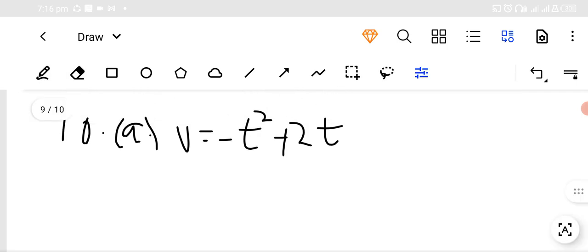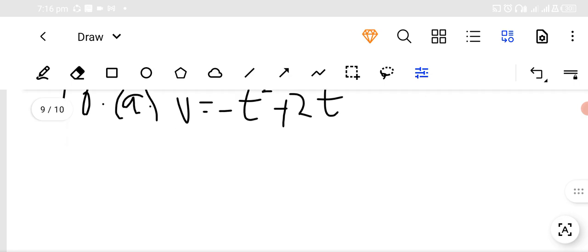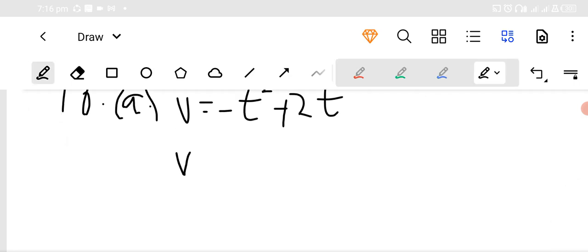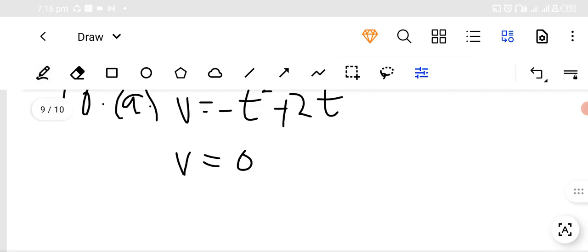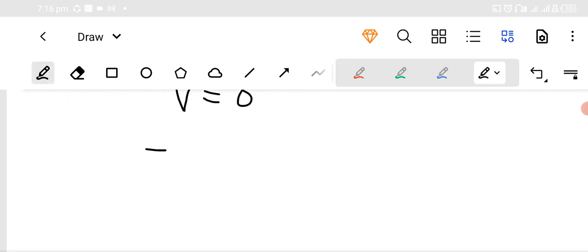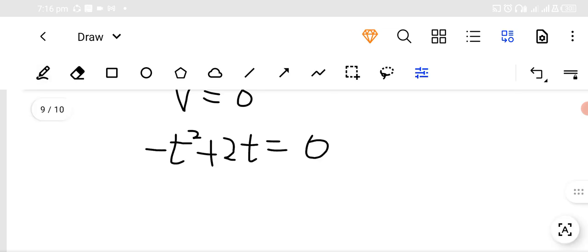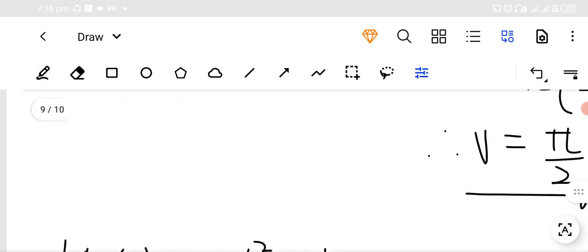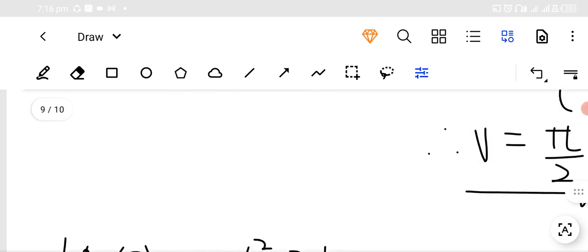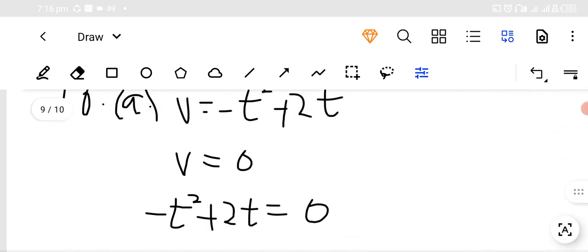So since we know our v function is this, at instantaneous rest, v is equal to 0. So we are going to say negative t squared plus 2t is equal to 0. That's what we can note.